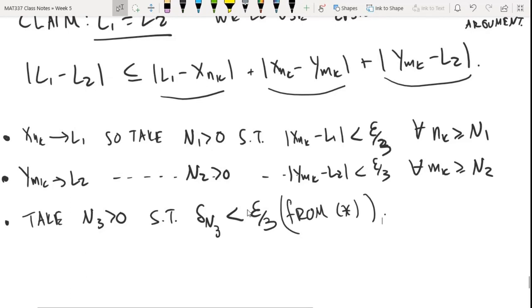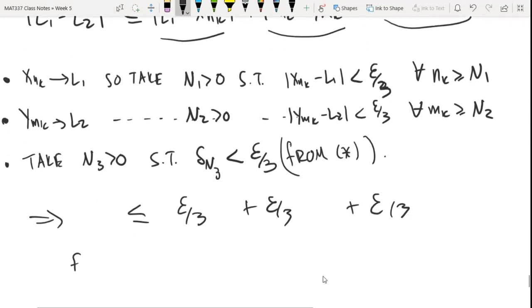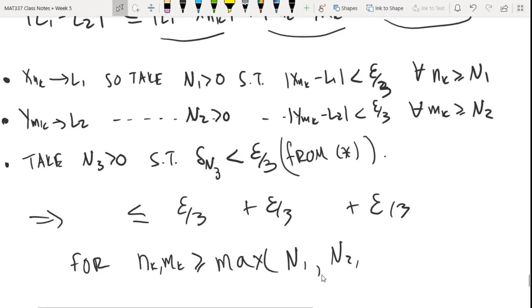So all this together gives us epsilon over 3 plus epsilon over 3 plus epsilon over 3 for nk, mk bigger than the max of N1, N2, N3.